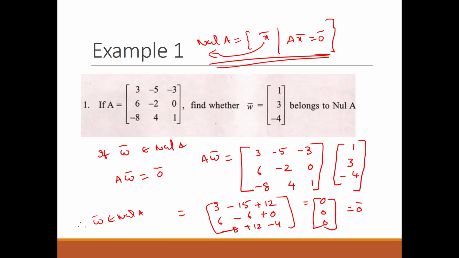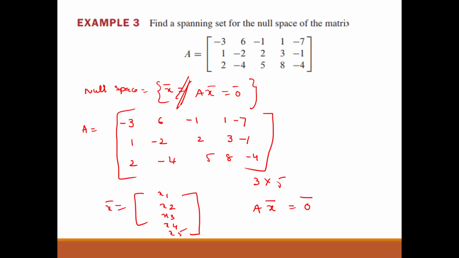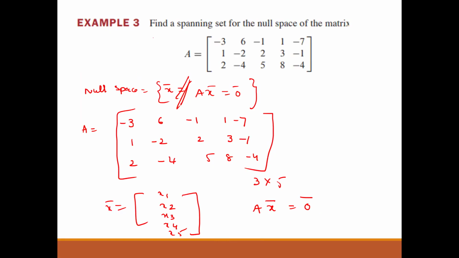So the augmented matrix A0 is equal to, what is your A? Write down your A. So your A is minus 3, 6, minus 1, 1, minus 7.